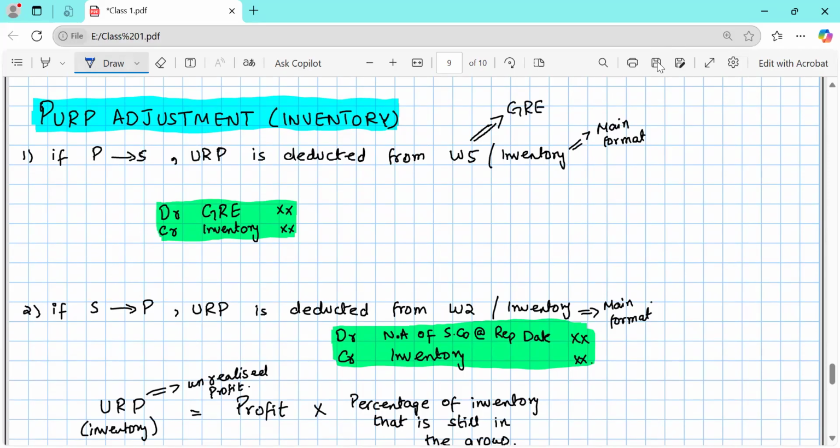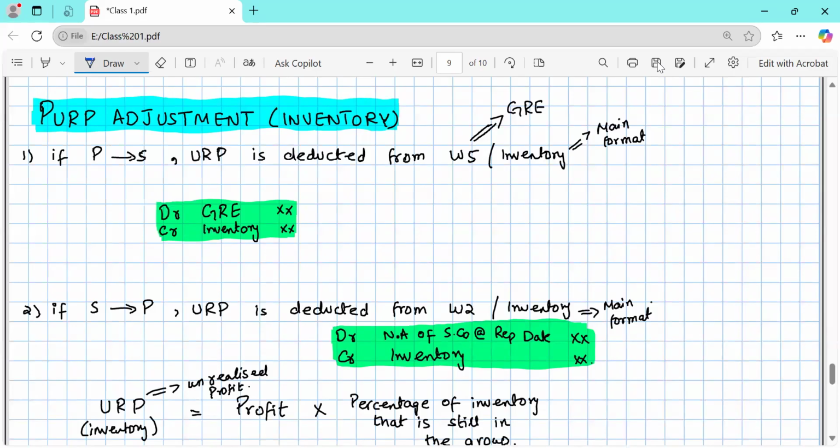And the subsidiary's profits are recorded in working number two, net assets of the subsidiary.